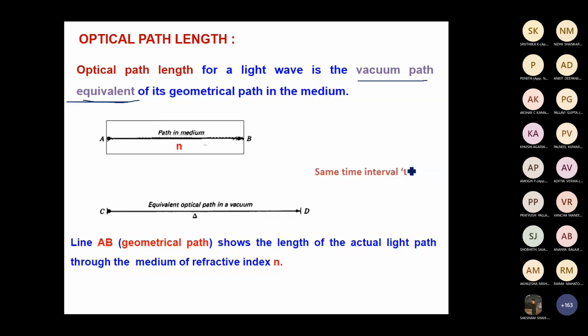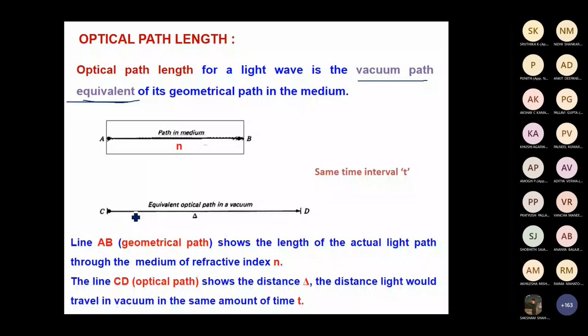Here the line AB shows the geometrical path, the length of the actual light path through the medium of refractive index N. The line CD is the optical path. It shows the distance, let's say delta, that the light would have traveled in vacuum in the same time t if N was not there.